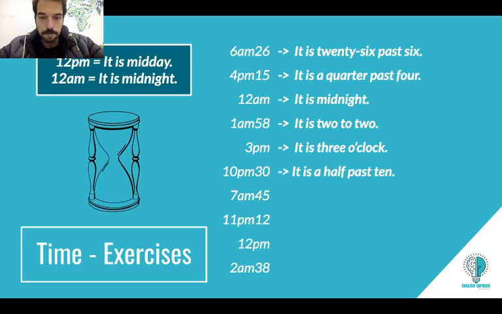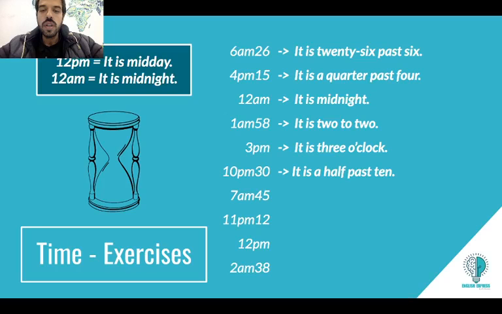Okay? 7:45 a.m. In this case, 45 is also a special case. 45, we use it as quarter, right? And it's on the left side of the clock. So we're going to use to, right?